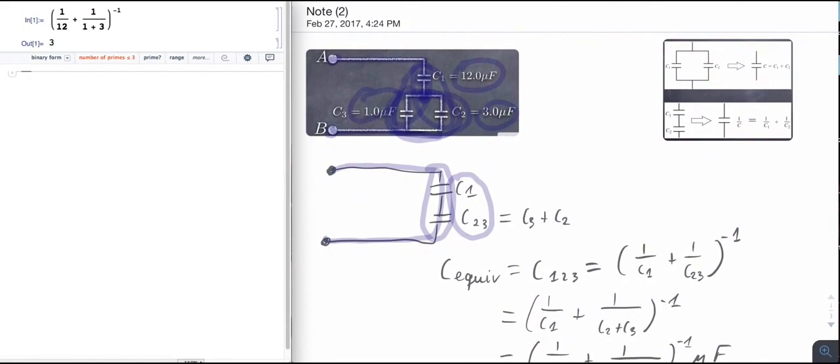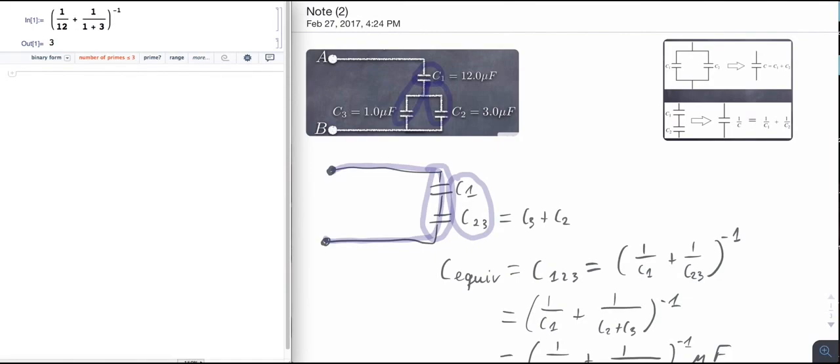Now the key concept here again was realizing what we had to do in terms of collapsing which two. So if you look again at C1, C1 is in series with C3 and is in series with C2, and that's a problem, because we have two choices, or there's an ambiguity.